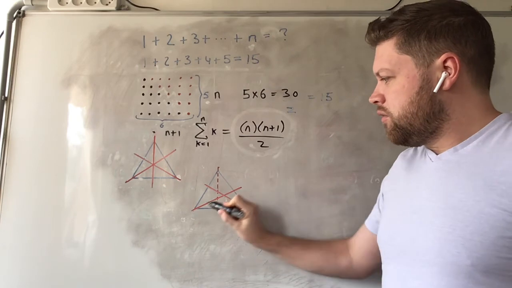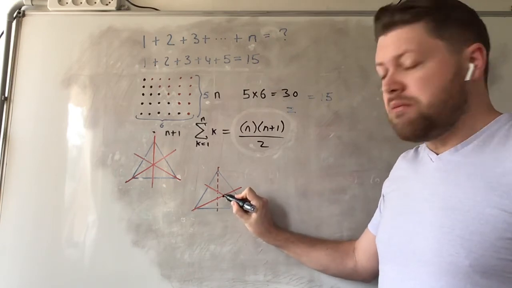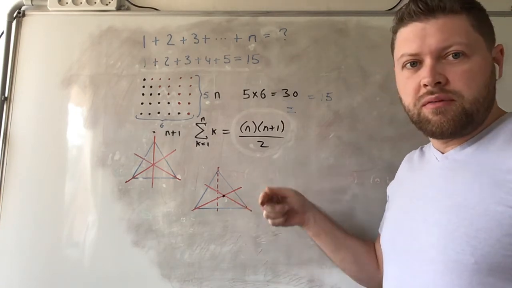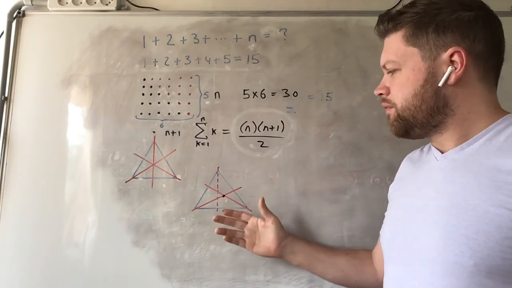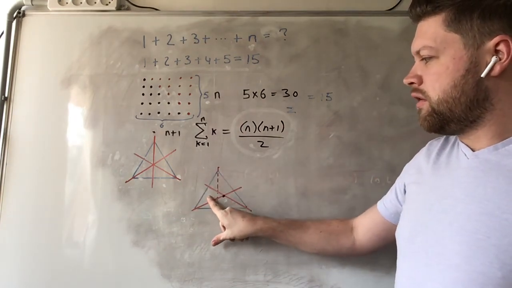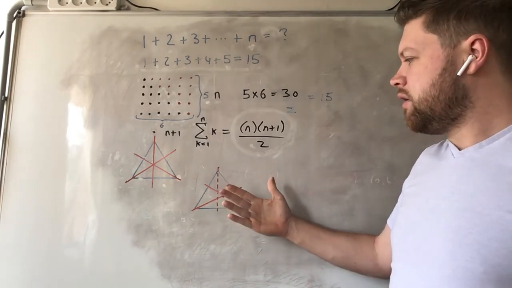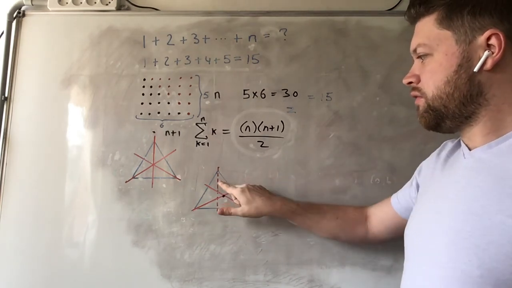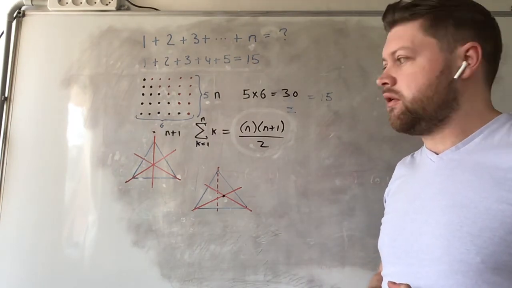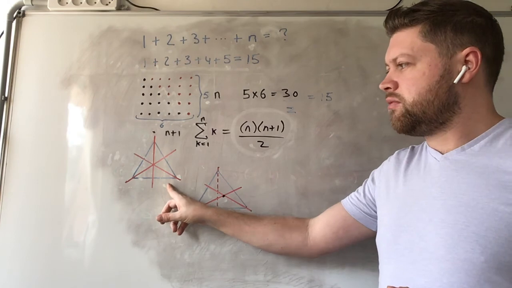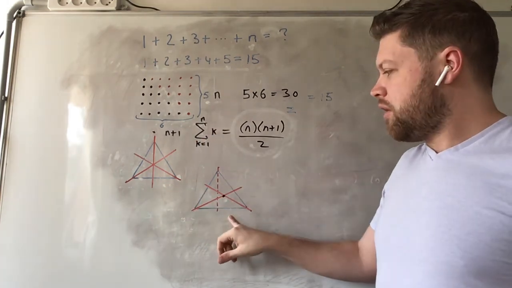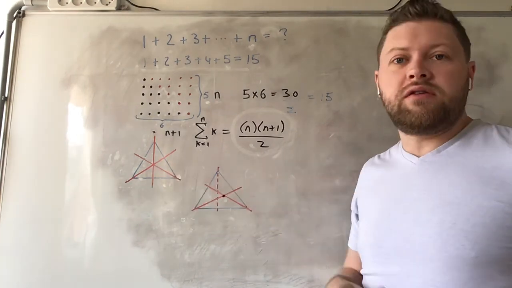Let's say these 2 lines of symmetry join at this point here, and I mark it with a point. That's visible front and back. But then, if I flip this triangle, that point will move over to the other side. So I can now see whether it's on the front, if you like, or the back. And it's broken the symmetry of the triangle. An equilateral triangle should be perfectly symmetrical across 3 lines of symmetry. So this is impossible, and therefore they must all meet at the point in the middle.